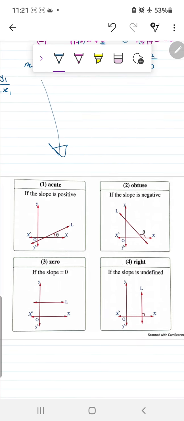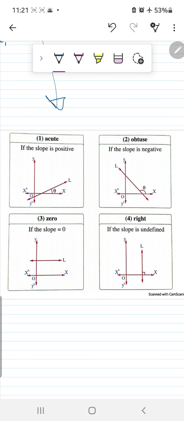In number 2, if we have the angle, theta is the measure it makes with the positive direction of the x-axis. If the slope is positive, the angle will be an acute angle, and if the slope is negative, the angle theta will be an obtuse angle.